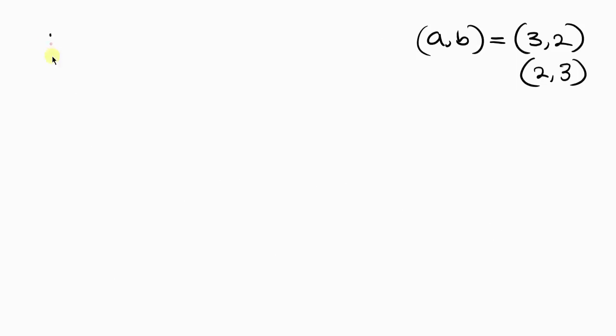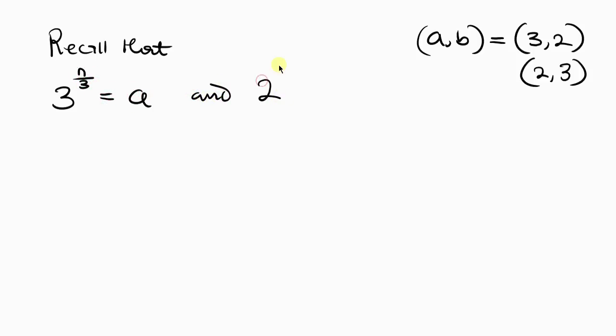So we're going to state recall here. Recall that we said 3 to the n over 3 be equal to a, and we said 2 to the n over 3 be equal to b. And now let's try for the first one. So 3 to the n over 3 is equal to a. What is a? a from here is 3. Very good.